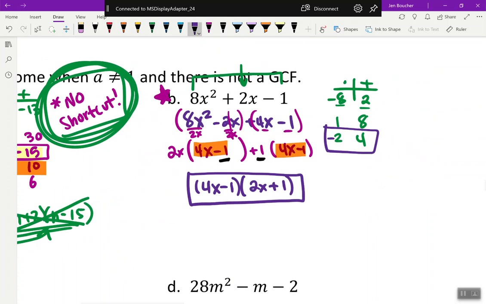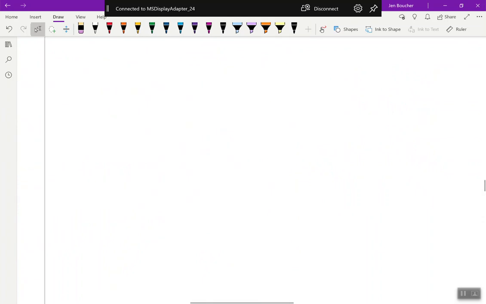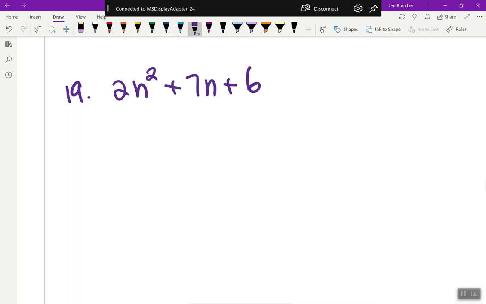Rather than doing the next one in your notes, why don't you try number 19? Adriana, will you read 19 to me really quick on your homework? Okay, cool. Set it up. Try it. Two numbers that multiply to what? I'm looking for two numbers that multiply to 12. Good. And add to what? 7.